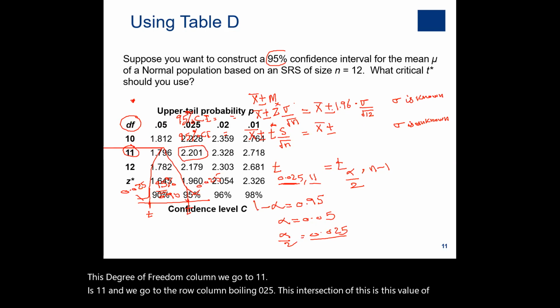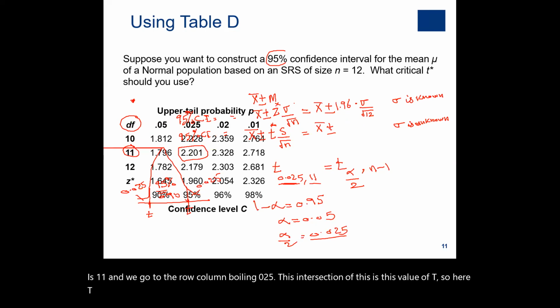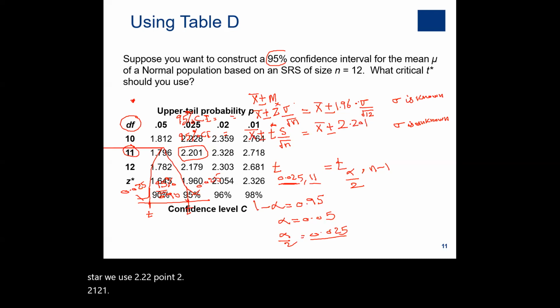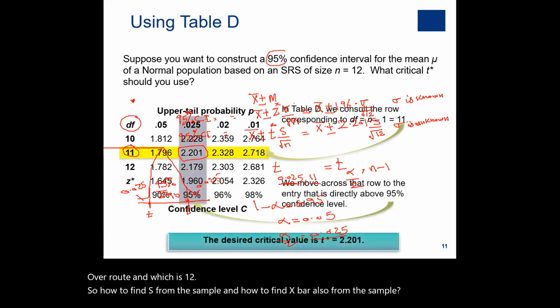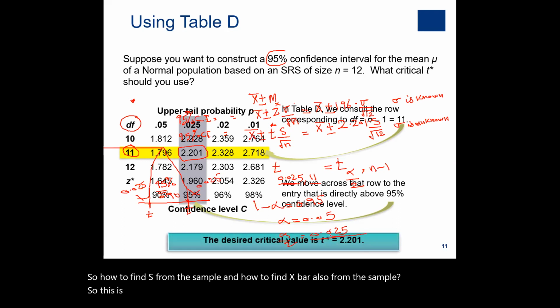So here t star is 2.201. Instead of sigma, we use S over root n, where n is 12. We find S and X bar from the sample. So this is the critical value of t.